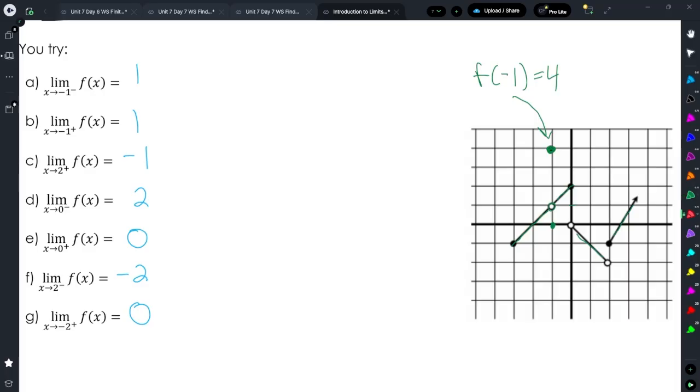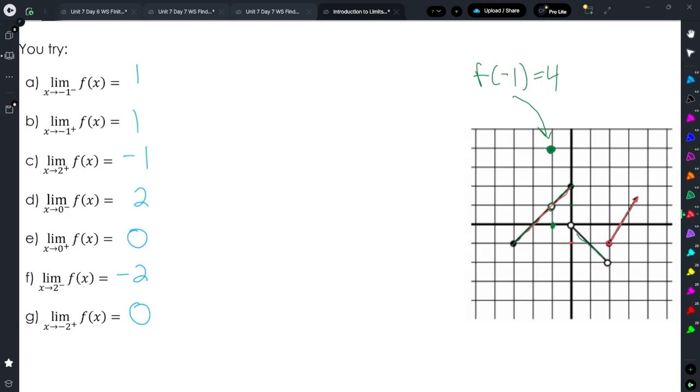And then the limit as x approaches +2 from the right side. So from the right side here, as my x values get closer and closer to +2, my y value gets closer and closer to -1. And then as x approaches 0 from the left side, my y values get closer and closer to +2.